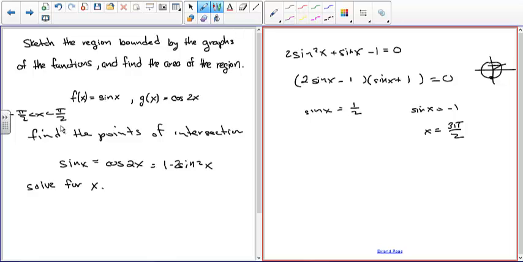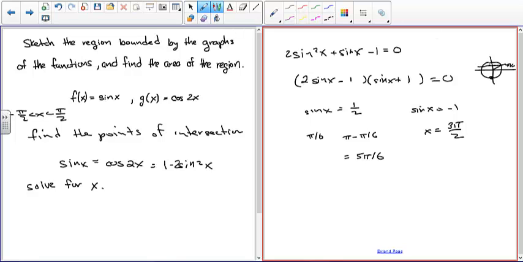Now I'm wondering about this, because where sine is a half is over here, which is actually from 0 to pi. So I might have to plot this. I may have written something wrong down. Anyway, that's pi over 6. Remember, so one answer is pi over 6, and the other answer would be pi minus pi over 6, which would be 5 pi over 6.